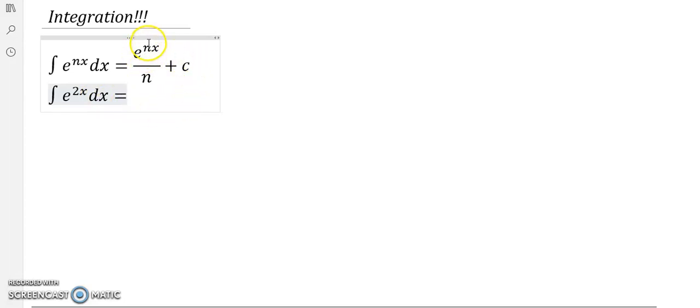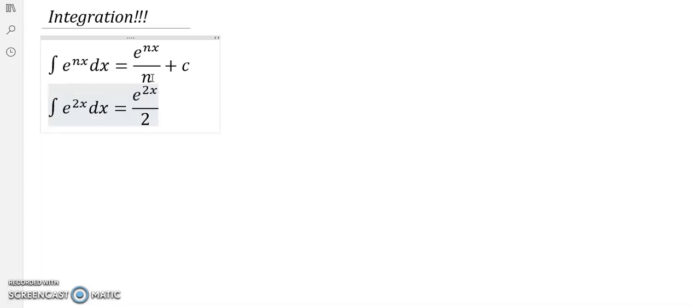Since the value of n is 2, we're going to replace n by 2. Wherever there is n will be 2. So the answer to this will be e to the power 2x divided by 2 plus the constant c.